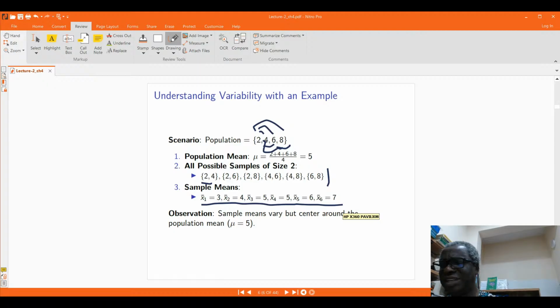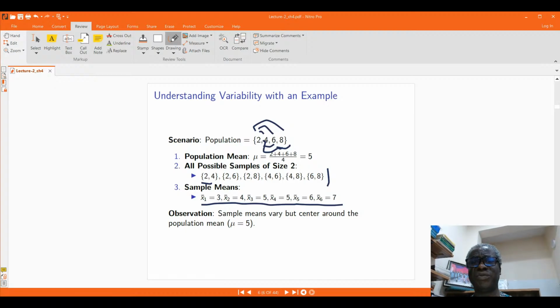We are always interested in studying this variability. Very, very important. So we want to know the shape, we want to know the center, we want to know also the spread. Of course the spread is also the variability. So we are interested in one, the location. Two, the spread. And the shape.